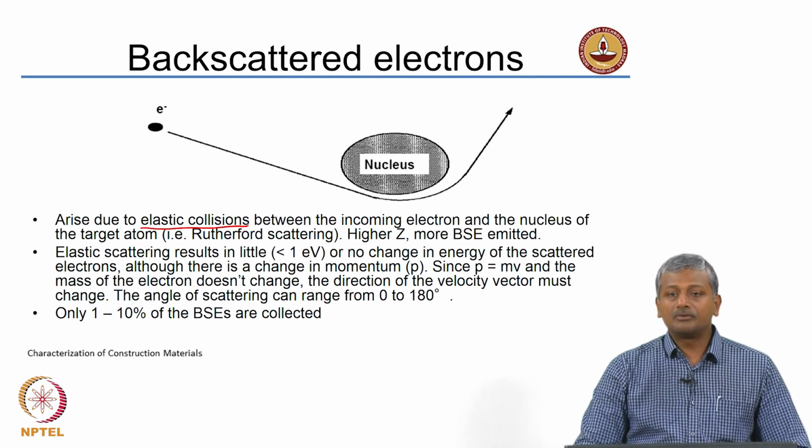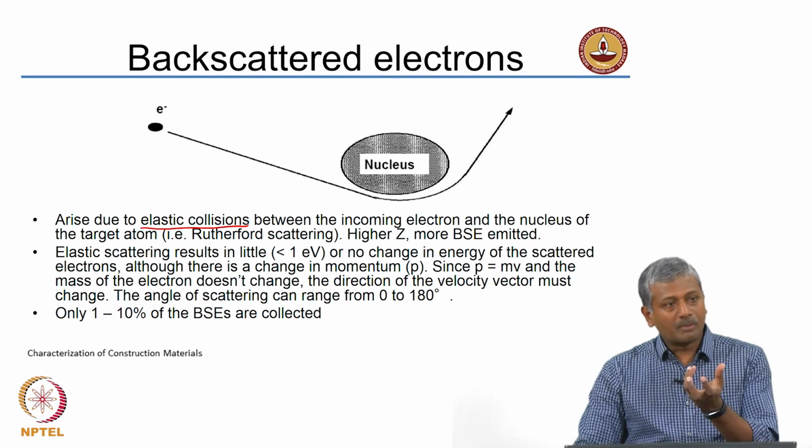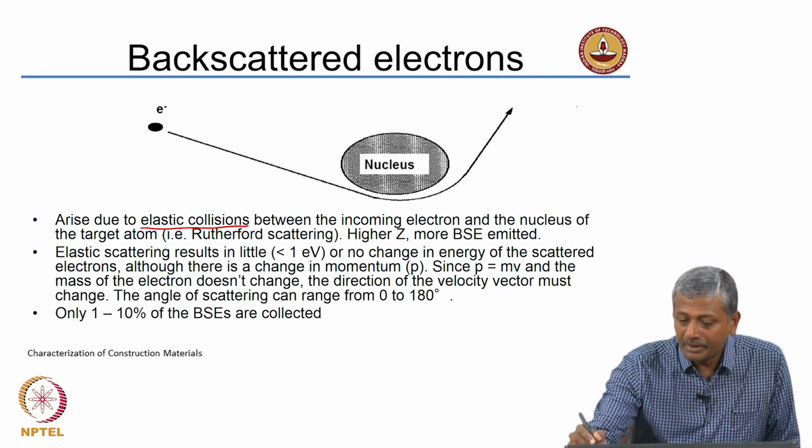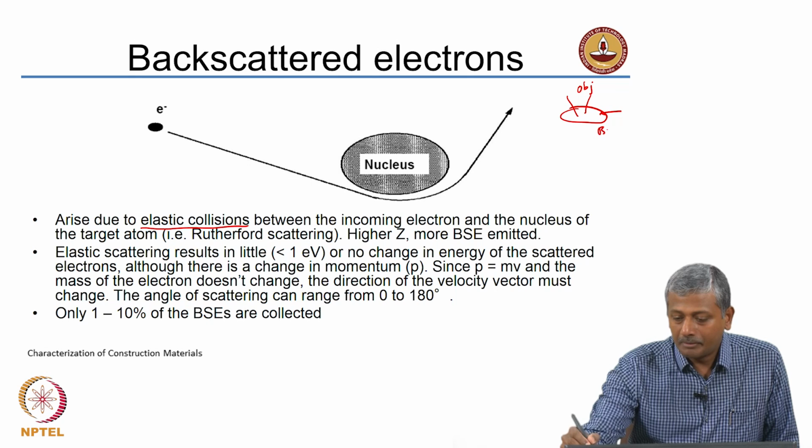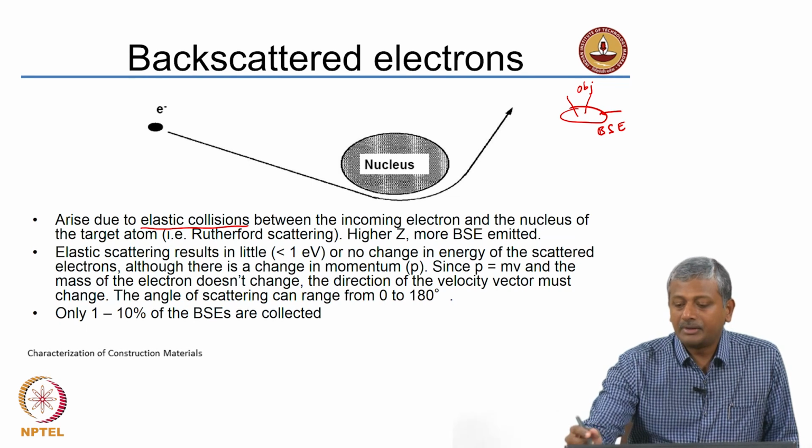Now, for collecting more of these electrons, that is why the backscatter detector is placed right around the objective lens. That is the objective lens here, and that is the backscattered electron detector.